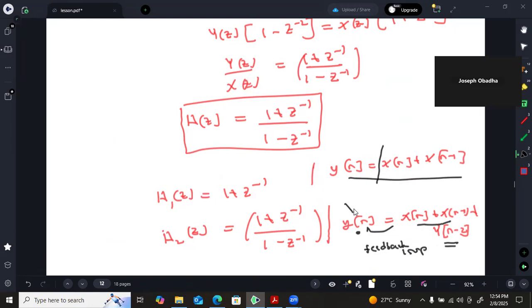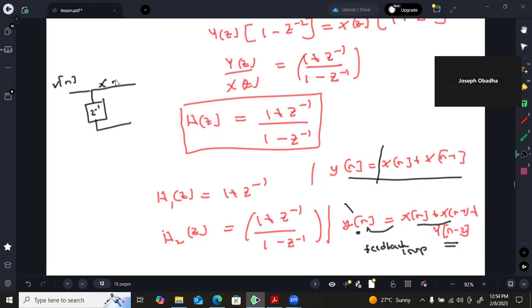If I were to illustrate this, you can see that I will have my x of n there. Then that is a delayed version of x of n by 1 unit, z minus 1.